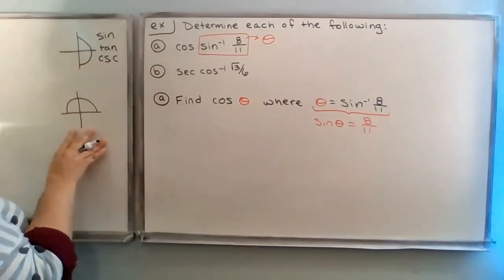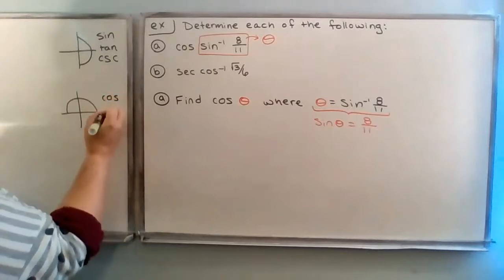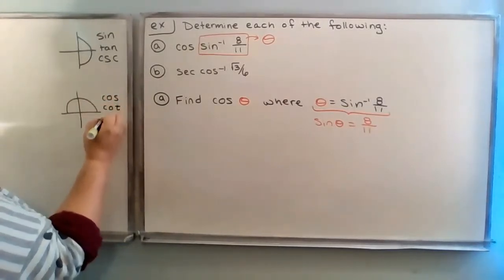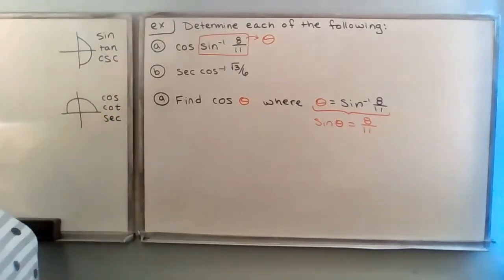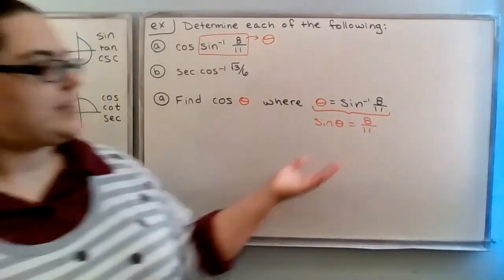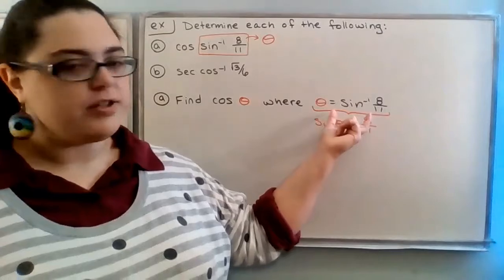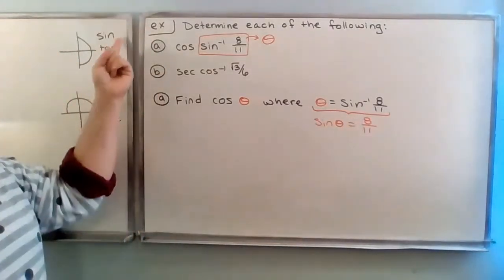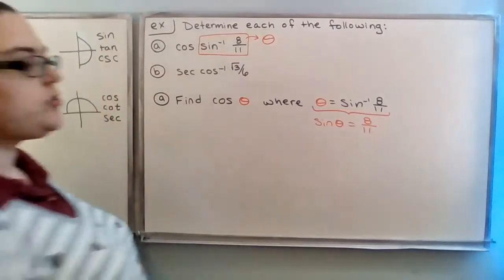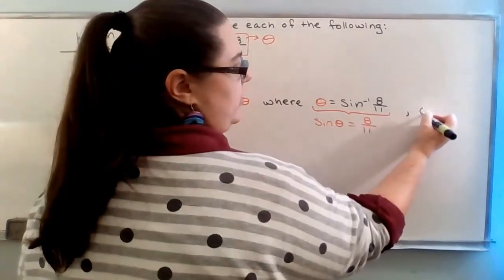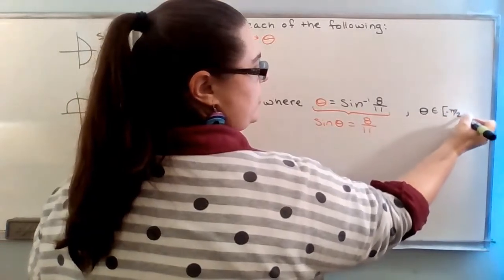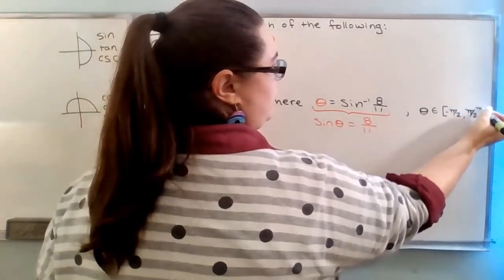And the ones restricted to the north are cosine, cotangent, and secant. So in this case, because we are undoing a sine function, sine was restricted to the east. So this means that theta is between negative pi halves and pi halves.